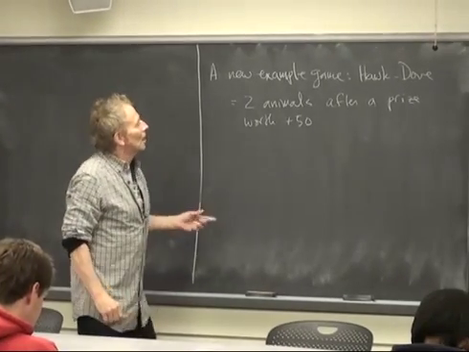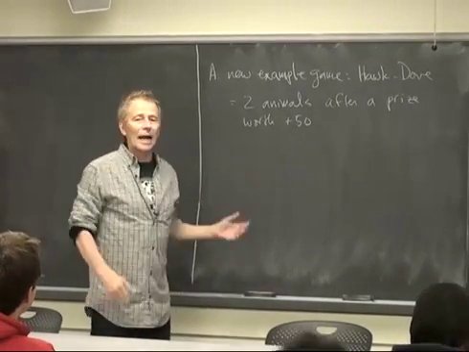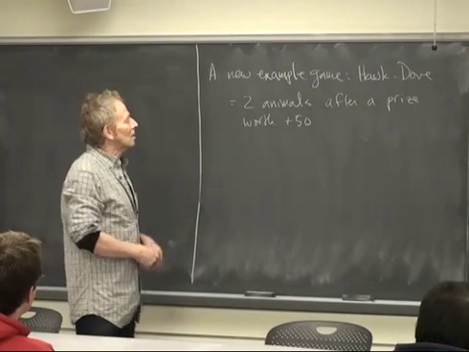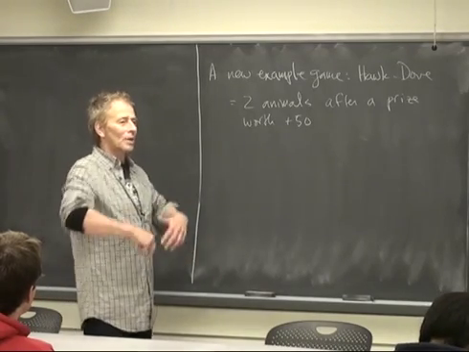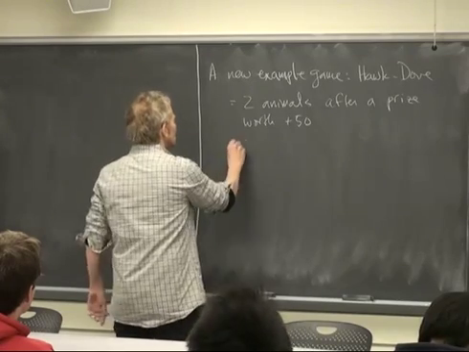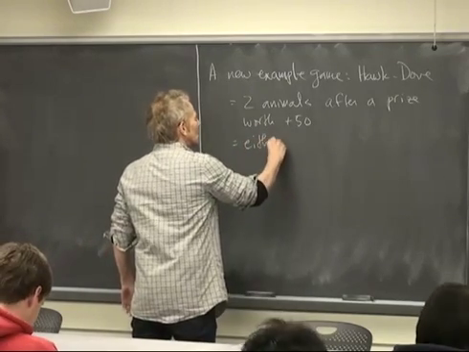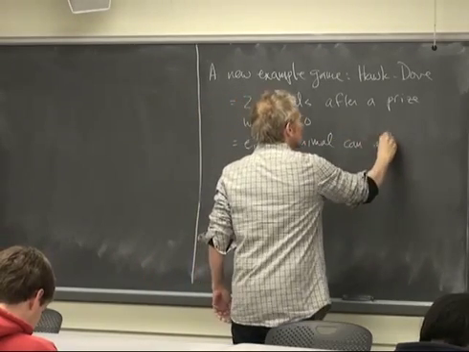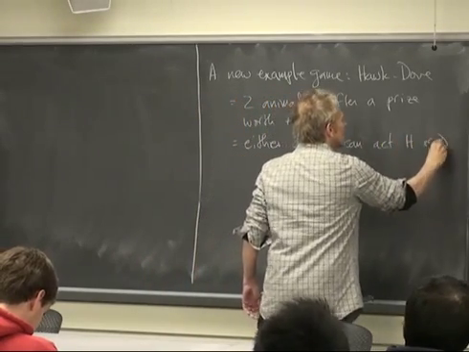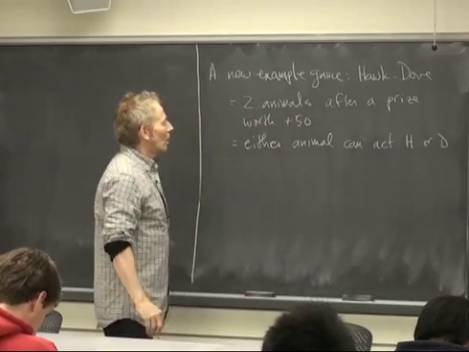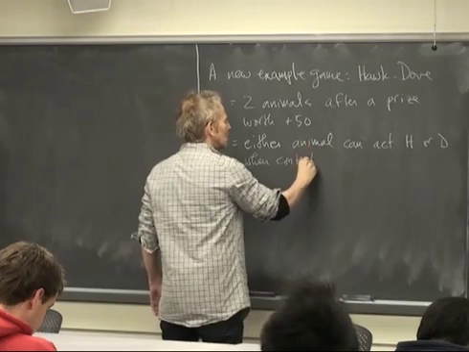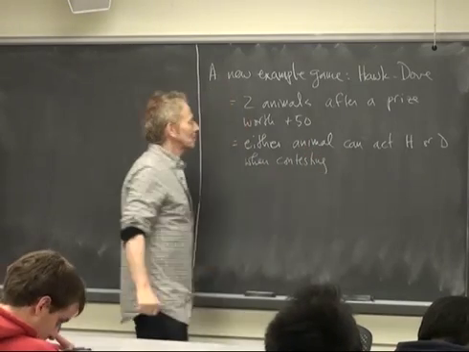And each of them has a choice of how to act during the confrontation over this prize. They can act hawkishly, or they can act dovishly. So either animal can act H or D when contesting this prize.